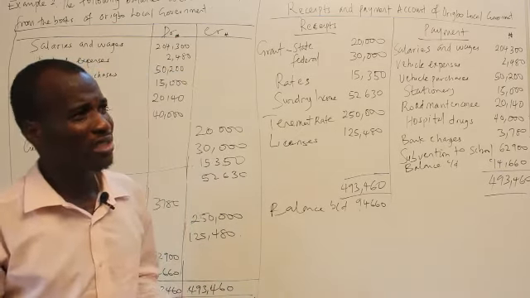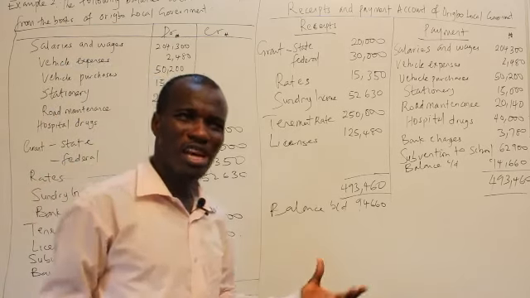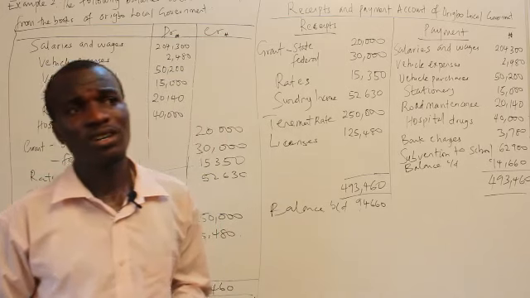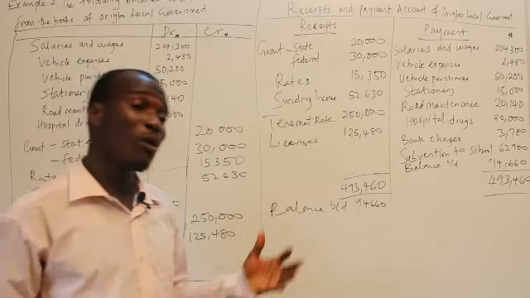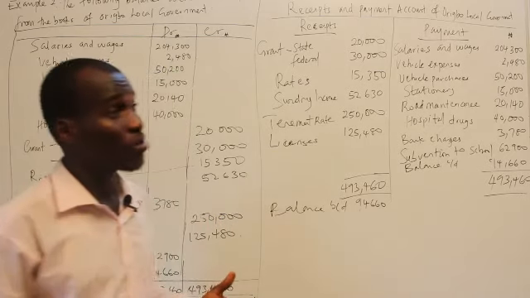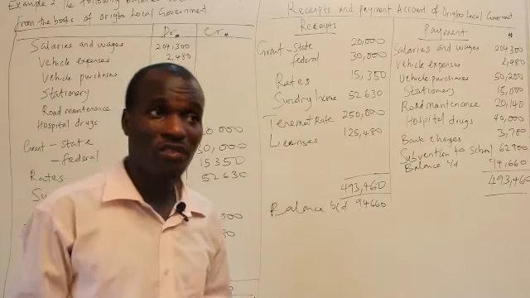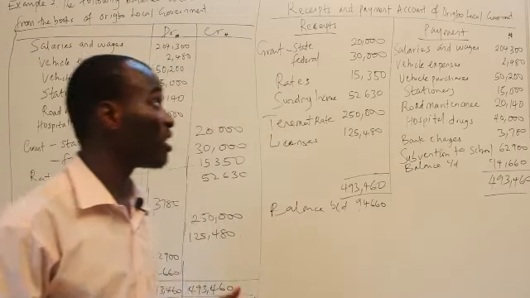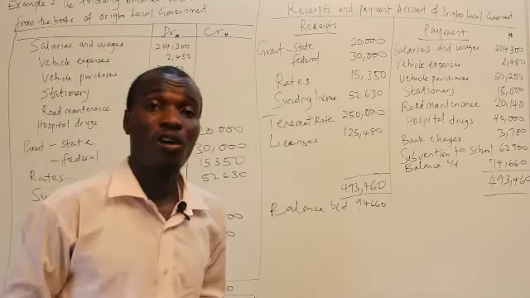We talked about the users and the purpose of public sector accounting. Then we looked at how to allocate revenue to different local governments in the state in form of calculation, and how to prepare the receipt and payment account.